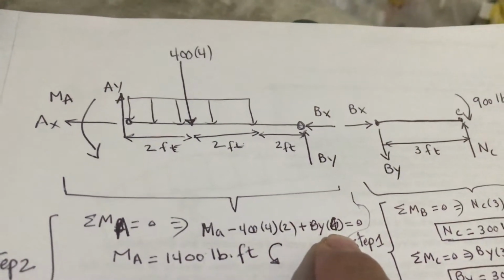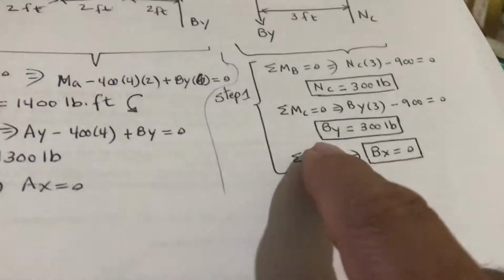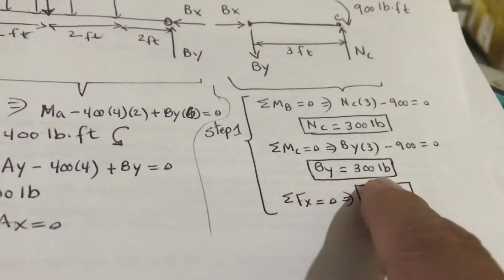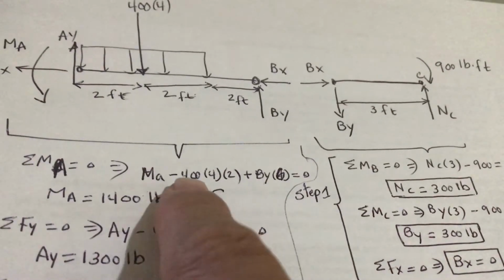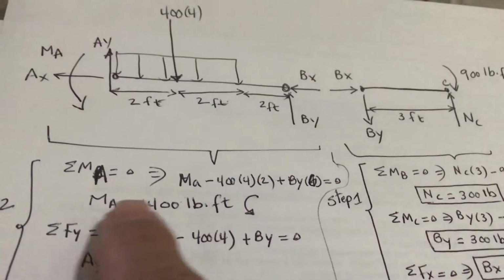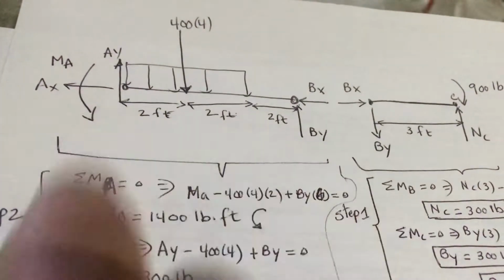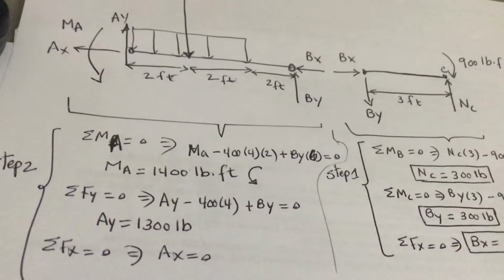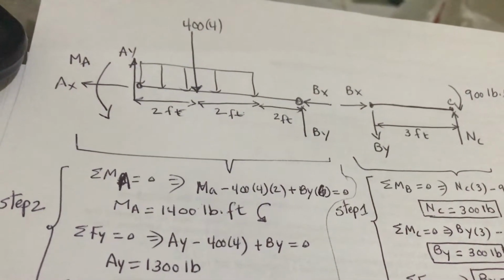Remember By, we found it here, 300 pounds. So By 300 times 6, and then the minus 400 times 4 times 2, you can find the moment at A. Moment at A is 1,400 pound feet, and this is the direction. Now summation of forces at the Y equals 0.